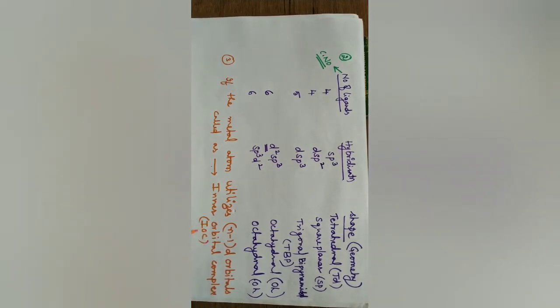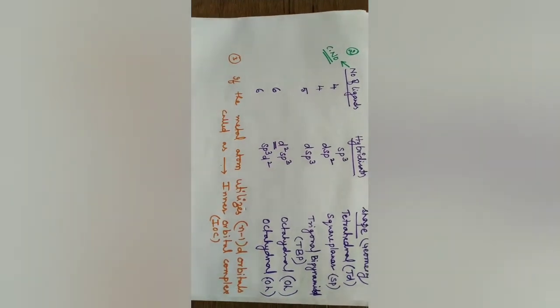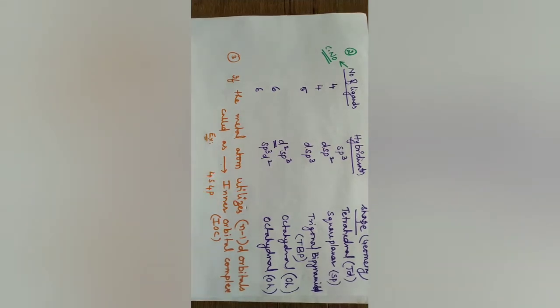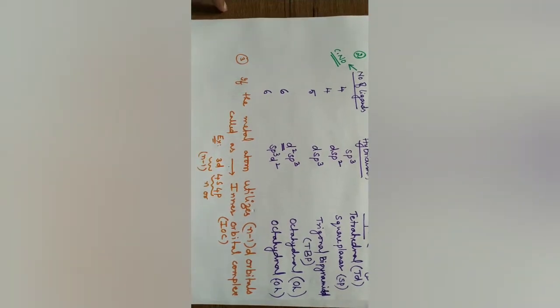What is the meaning of inner orbital complex? For example, with 4s and 4p orbitals, the (n-1)d orbital is the 3d orbital. These are n orbitals and this one is the (n-1) orbital. So if the 3d orbital is utilized, you call it an inner orbital complex.